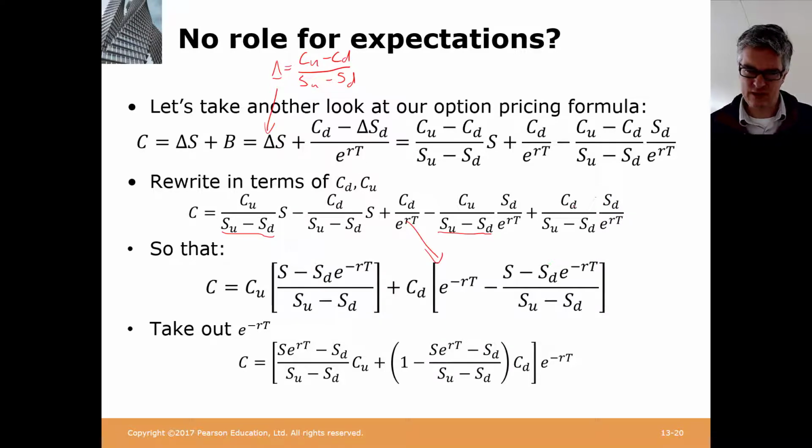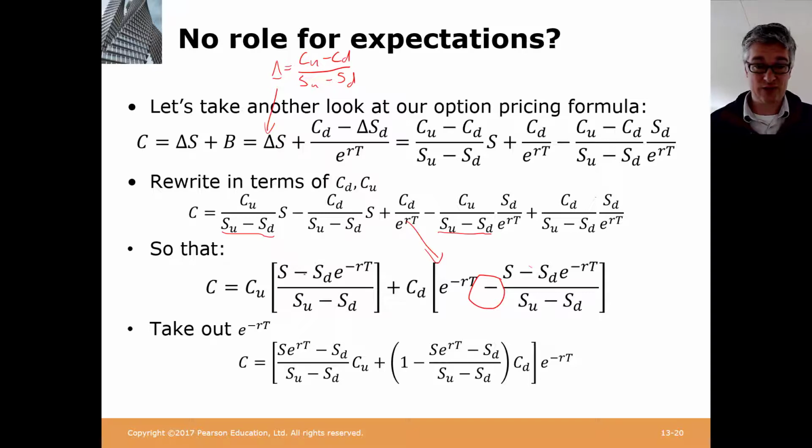So I think here I likely made a mistake. Oh yeah, no, it is correct. It is correct, because here I have a minus, and I just wanted to put this in the right signs. Because here I have plus CD times SD over e to the power RT, so minus minus is plus, so that makes sense. And then here I have CD times S, so this also makes sense.